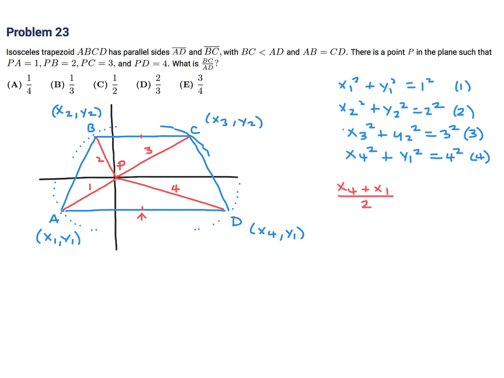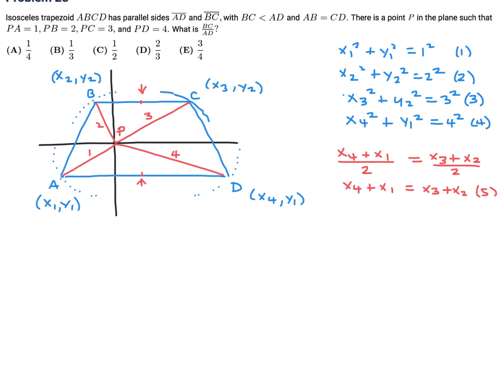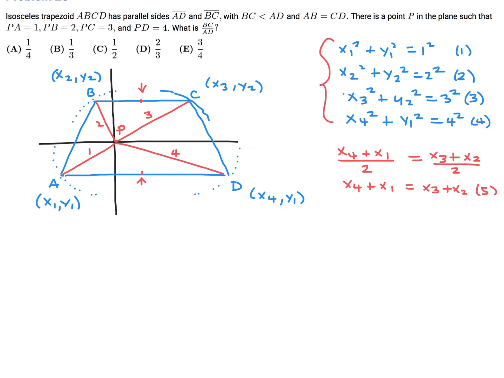And then that's going to be the same as this one, which is calculated with x3 plus x2 over 2, like that. So then you just get rid of the 2's, and therefore x4 plus x1 is equal to x3 plus x2. And this can be our equation 5, which hopefully we'll use later on. Okay, so now let's work with this. Let's look at these equations.